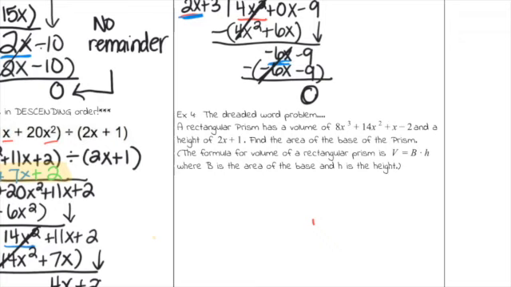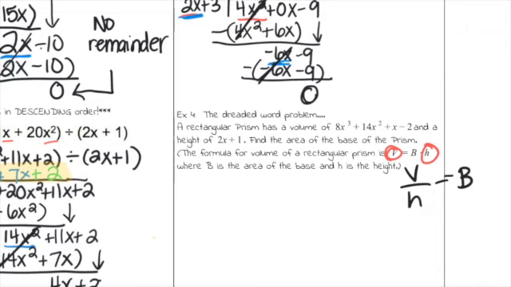So they gave you the formula that a rectangular prism has volume equals base times height. Well, we know the volume and we know the height, so we're trying to find the base. So if I were to solve for B, I would have to take my volume and divide it by my height, which is what I'm trying to find as my base.